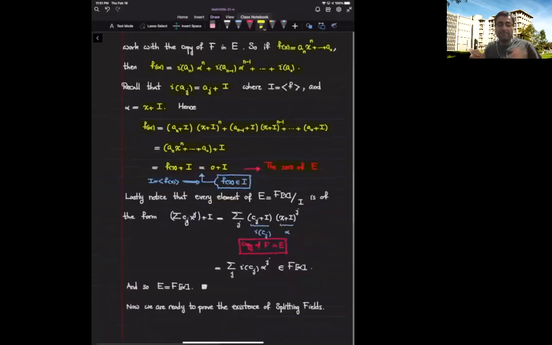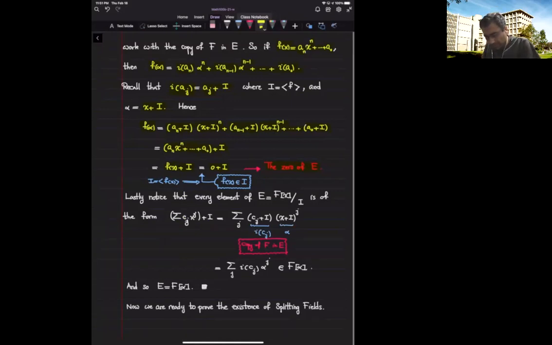So altogether, we found this field extension E of F and an element alpha inside E that is a 0 of f. The last thing that I need to show is that E is indeed F bracket alpha, which means I need to show that every element of E can be written in terms of a polynomial evaluated at alpha.